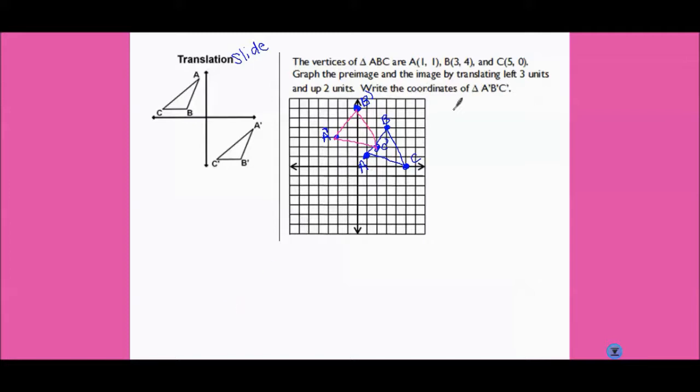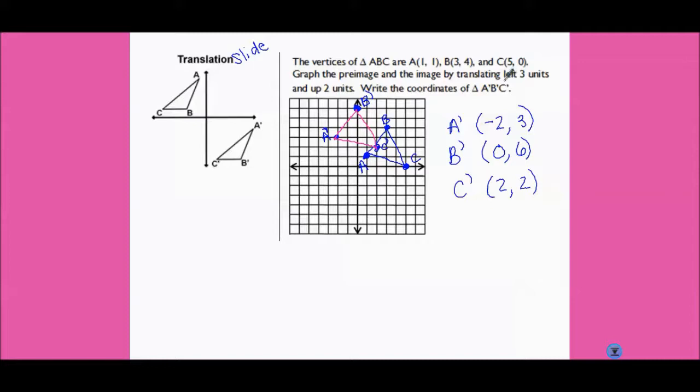Write the coordinates of A prime, B prime, and C prime. So A prime is at -2, 3. B prime is at 0, 6. And C prime is at 2, 2.